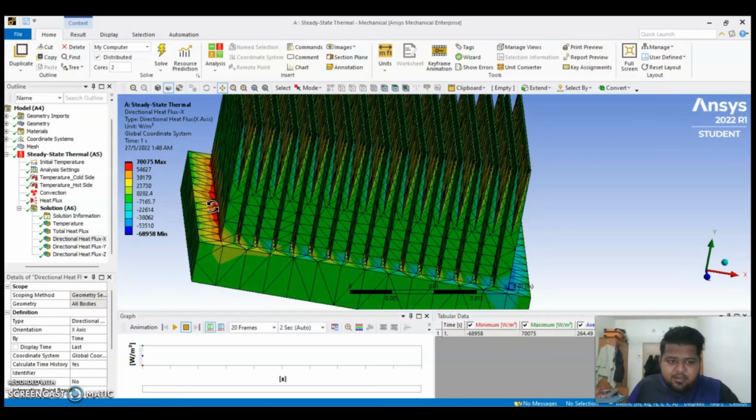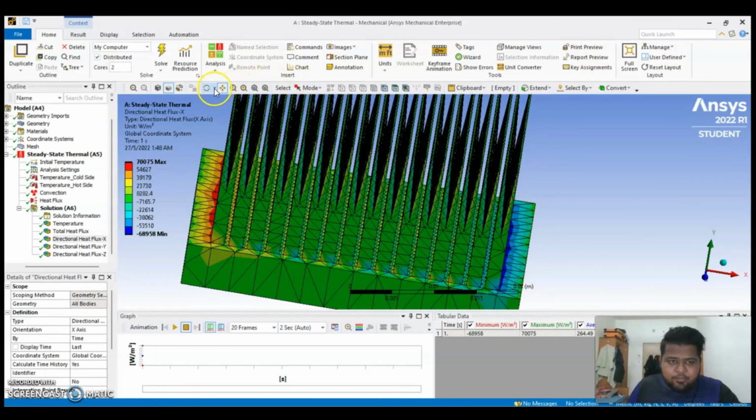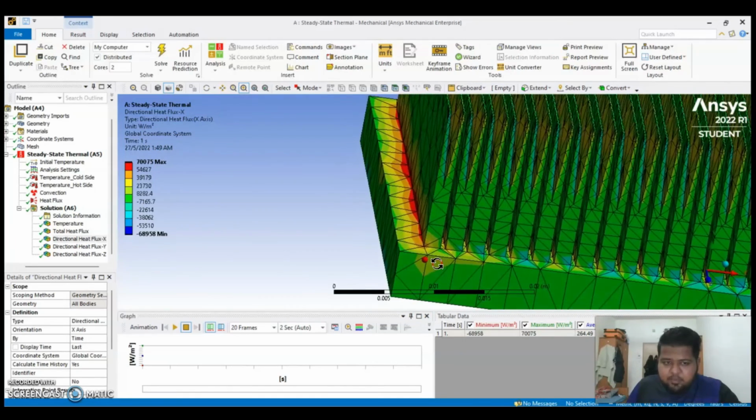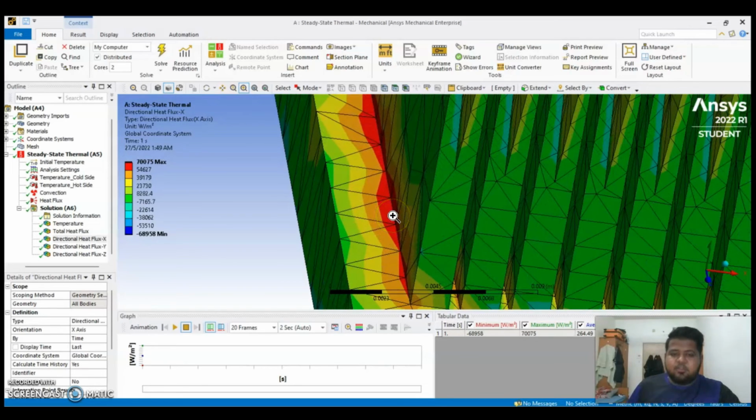For example, at this region here, we are able to see the maximum heat flux, which is at 70,075. And you are also able to see the contours ranging from 8282.4 up to 70,075.